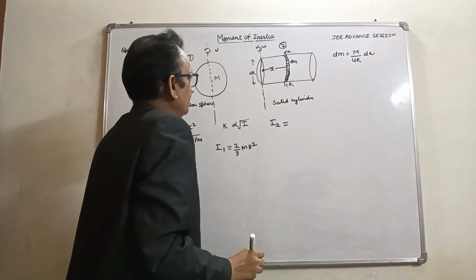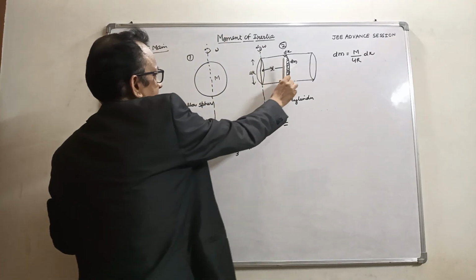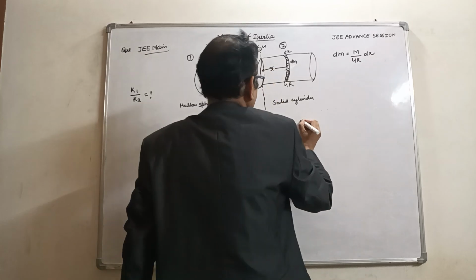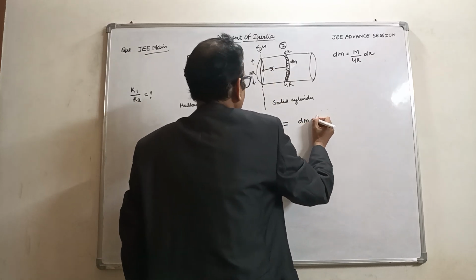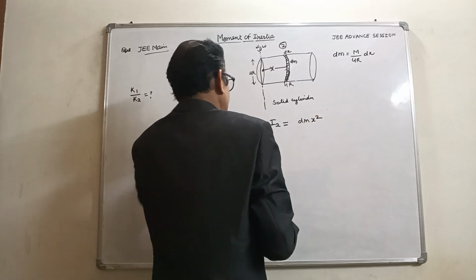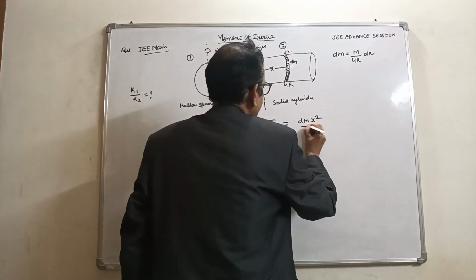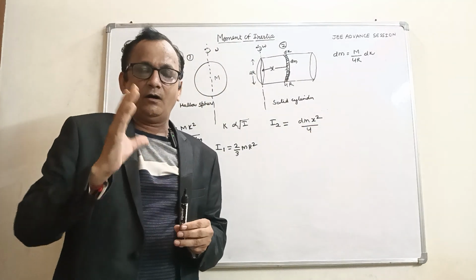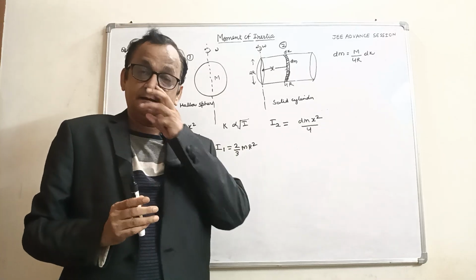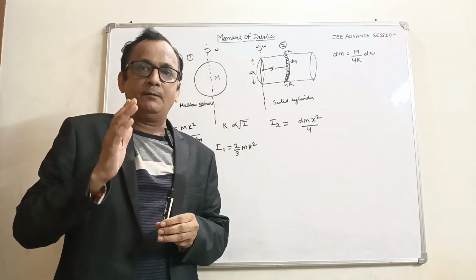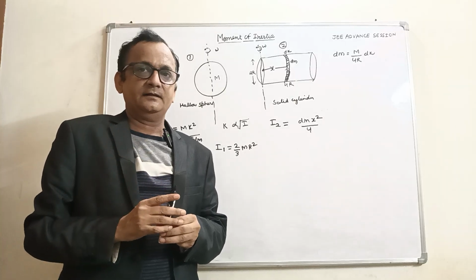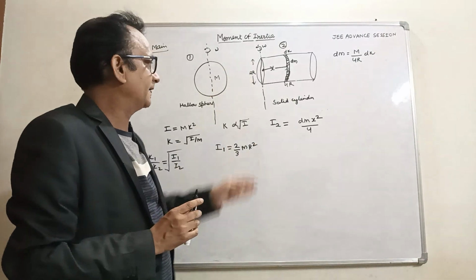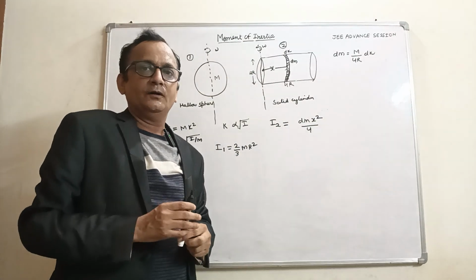So we write here moment of inertia of dm mass about its diametrical axis. So the moment of inertia of a disk about its diameter would be m r square by 4.